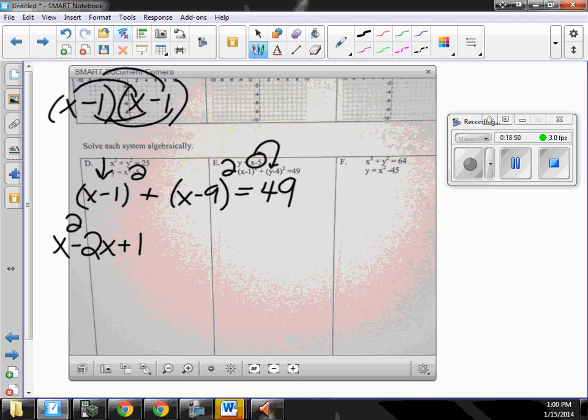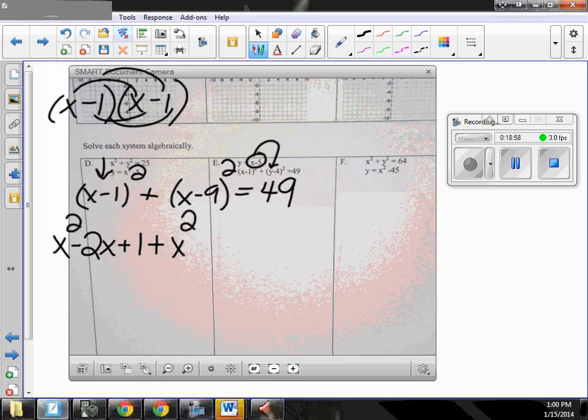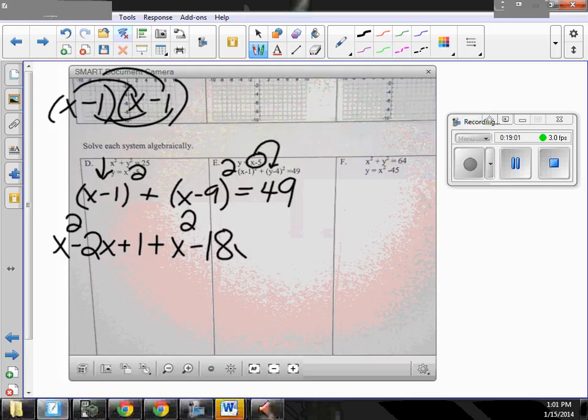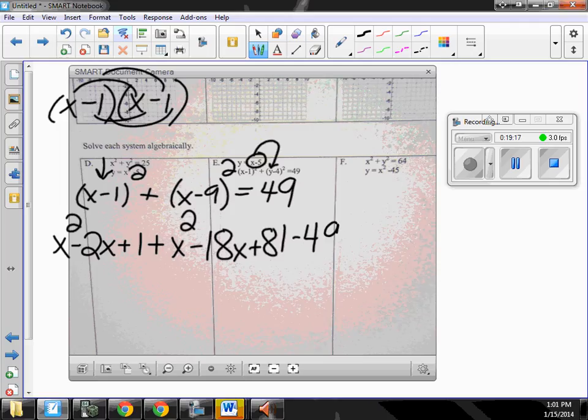So for the next one, how's that going to multiply out? X squared minus 18x plus 81, and it equals 49, but I don't want it to equal 49. I want it to equal 0. So I'm going to bring that 49 to the left using subtraction. Okay.